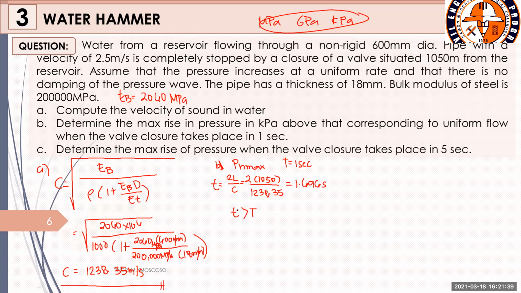As you can see, the time of closure natin is greater than the time presented sa ating situation. Therefore, you can conclude that your pressure is a maximum. Yun yung sinasabi ko kanina.